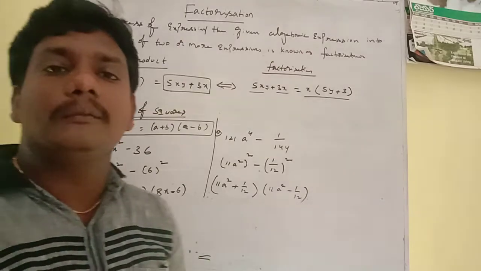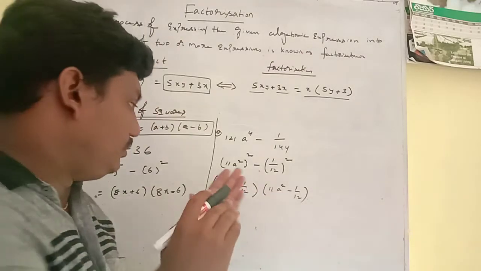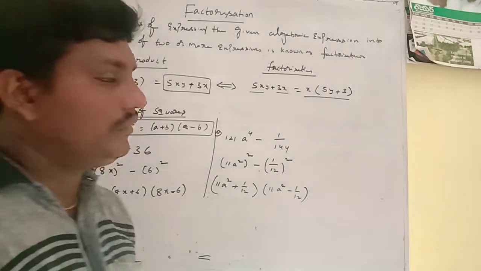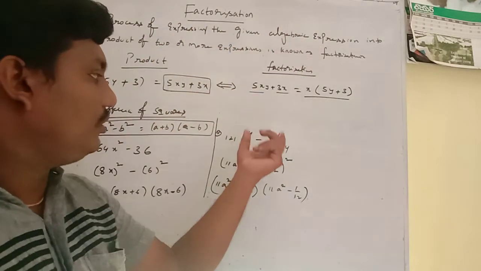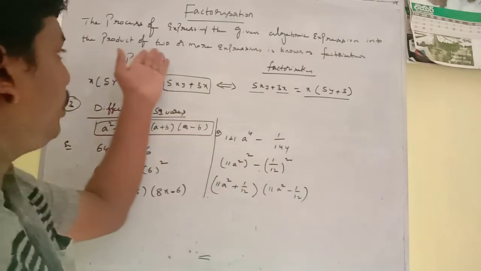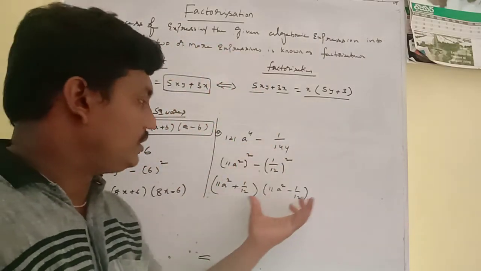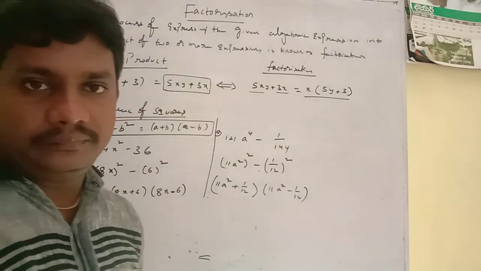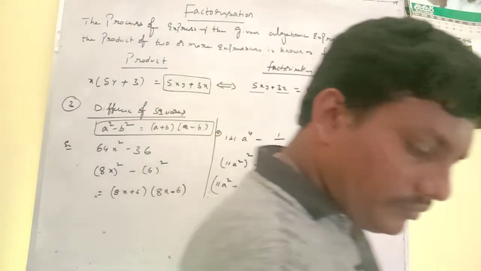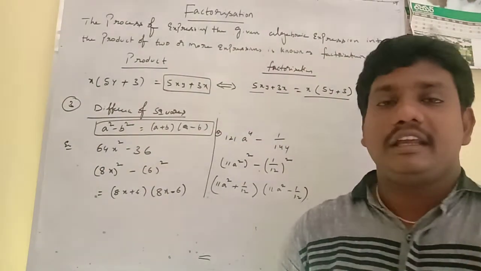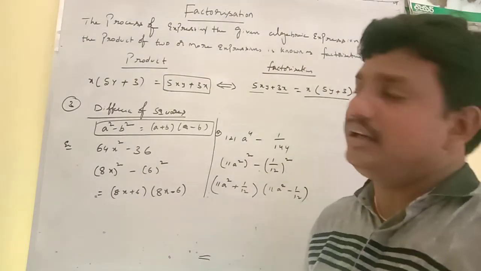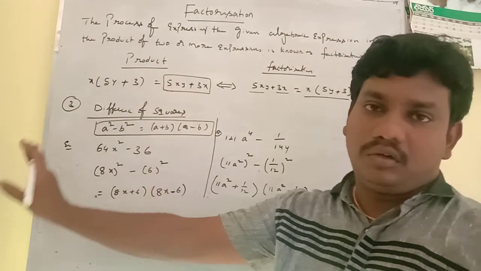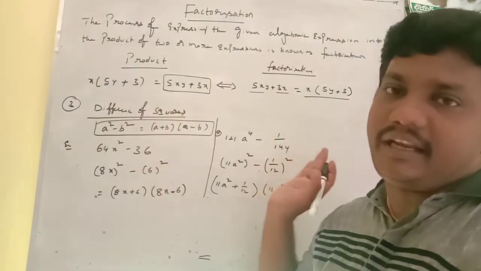Like that we have to do the factorization. Factorization is nothing but the process of expressing the given algebraic expression into a product of two or more expressions. If it is a linear expression, we can find only one numerical constant and a linear expression.